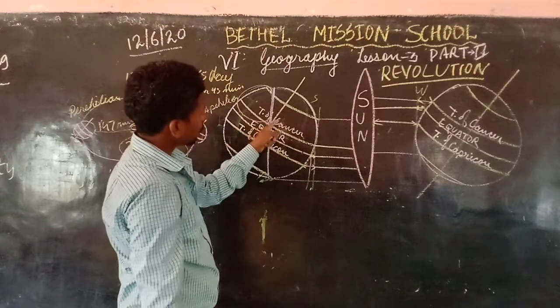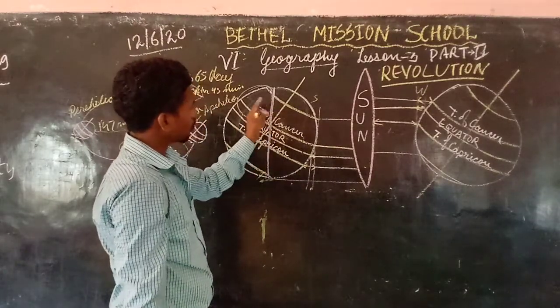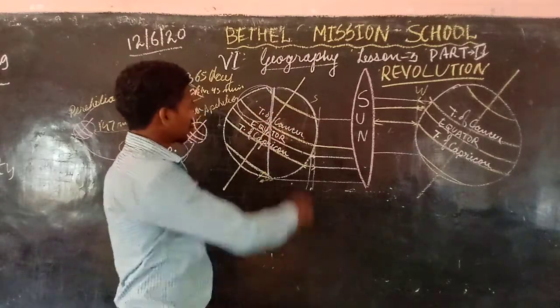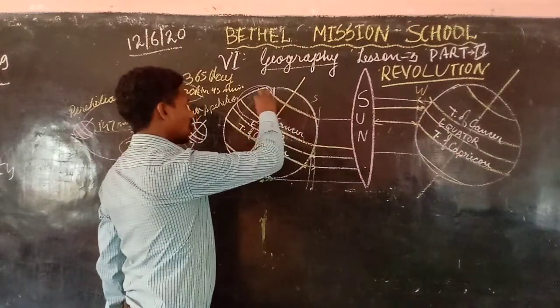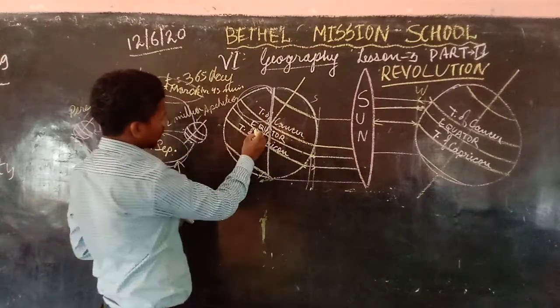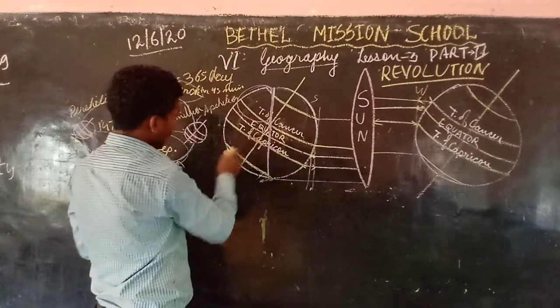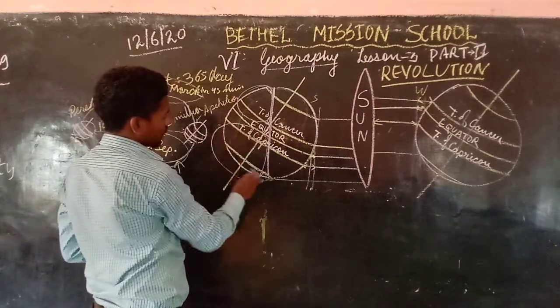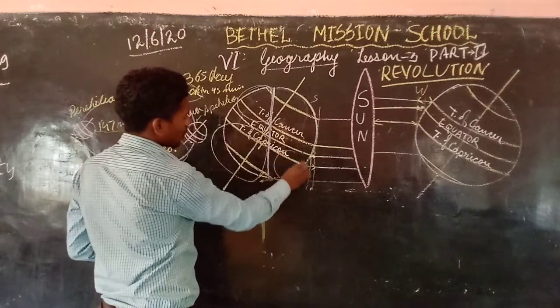So you see, because the earth is tilted, we have varying length of day and night. Here it is long days, small nights, whereas here you see this southern hemisphere below the equator, these areas have a very long night and a very small day.